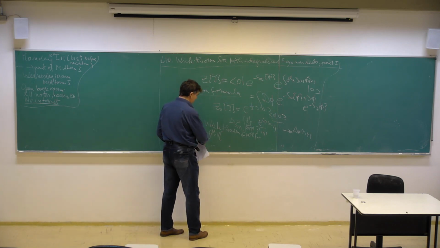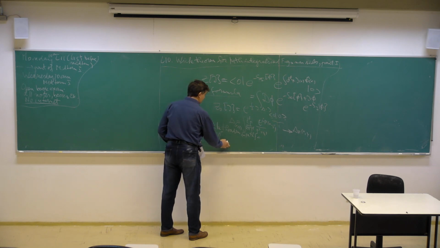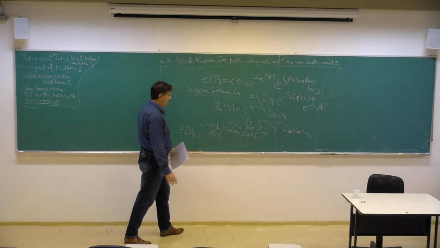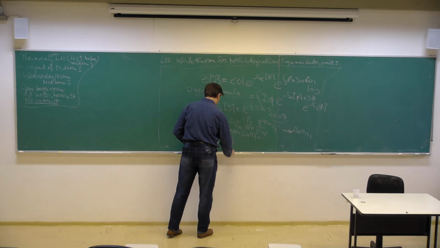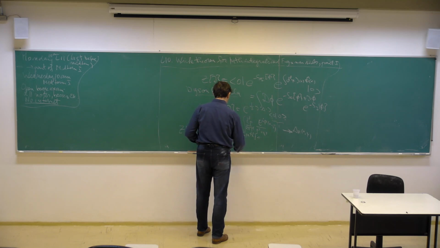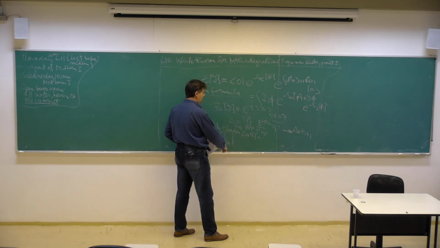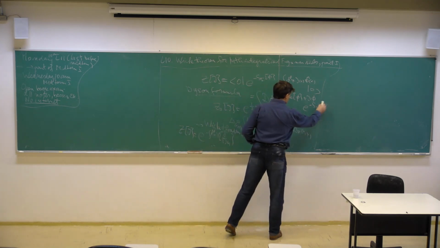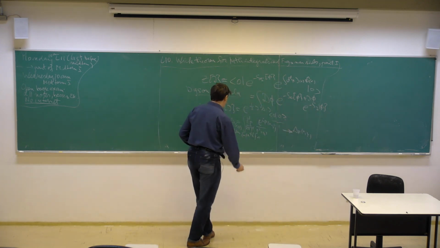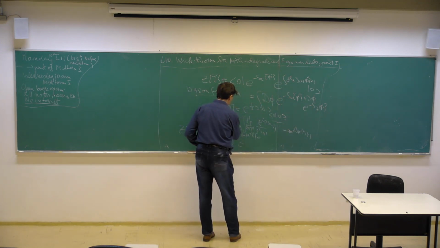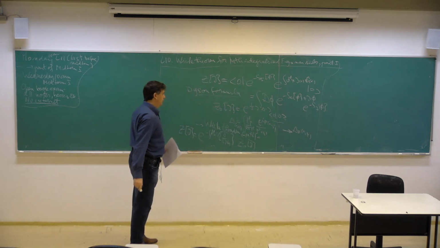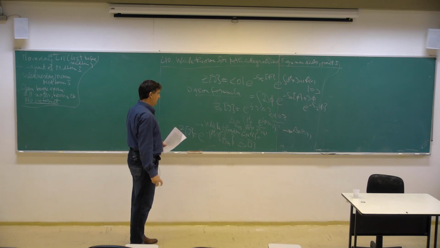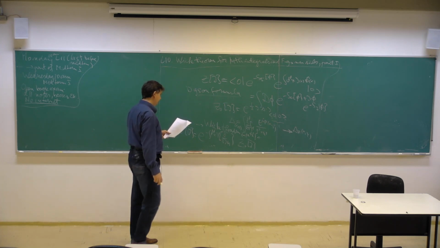But for simplicity, I just wrote e to the minus integral of a potential, where the argument of the potential, the field, is replaced by delta over delta J. And then this object, so this thing where I replace phi by delta over delta J, acts on this free partition function, Z0 of J, that we've calculated.